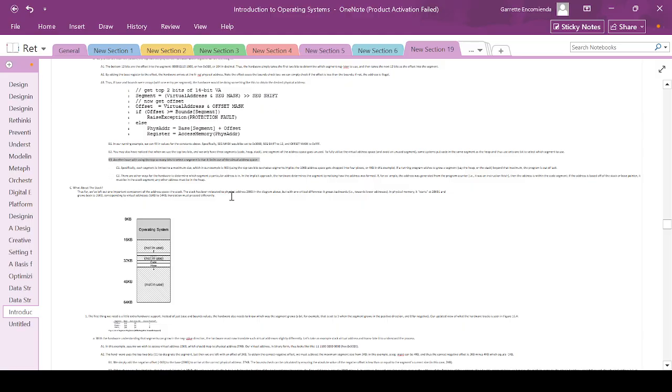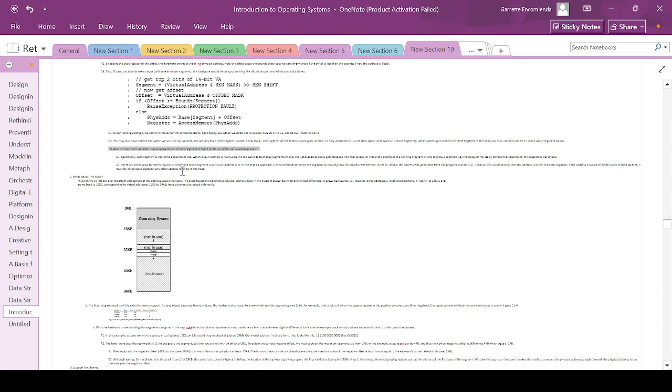Another issue with using the top so many bits to select a segment is that it limits the use of the virtual address space.